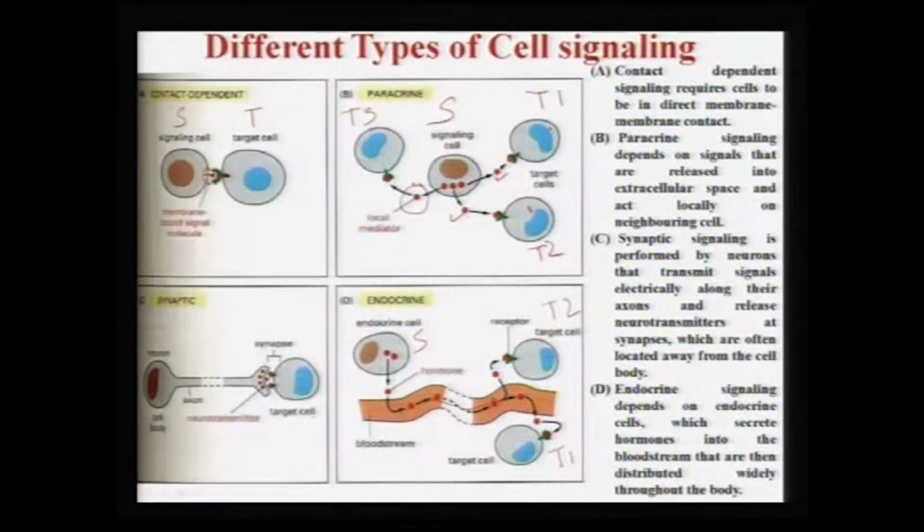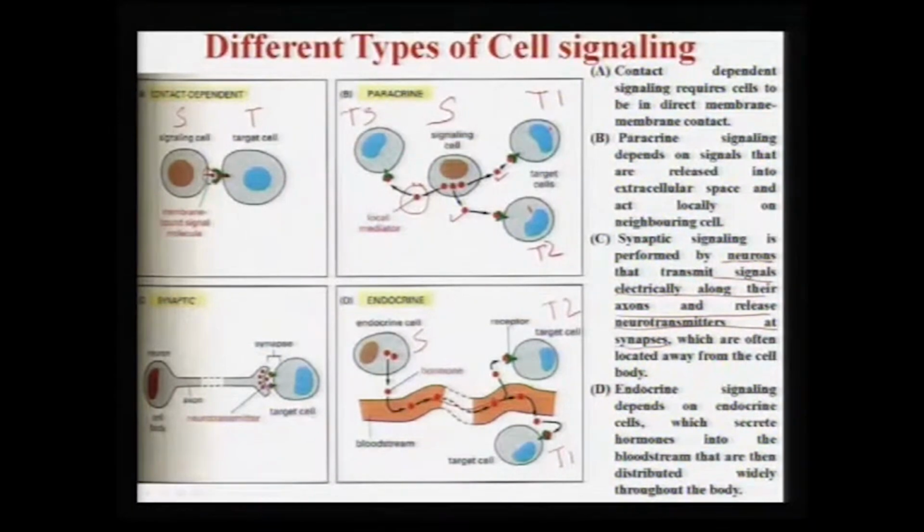And then another one that has been mentioned here is synaptic signaling. Synaptic signaling is performed by neurons, which are important in neural tissue engineering or in general. Neurons transmit signals electrically along their axons and release neurotransmitters at synapses.